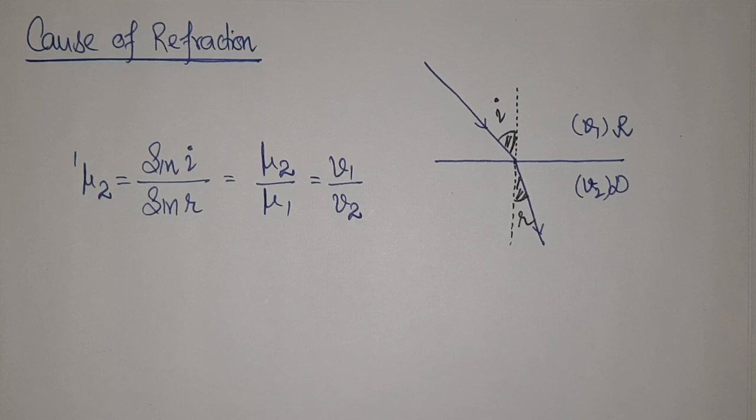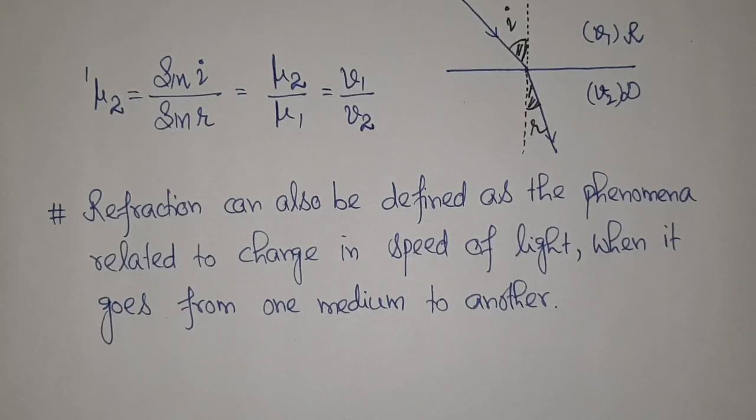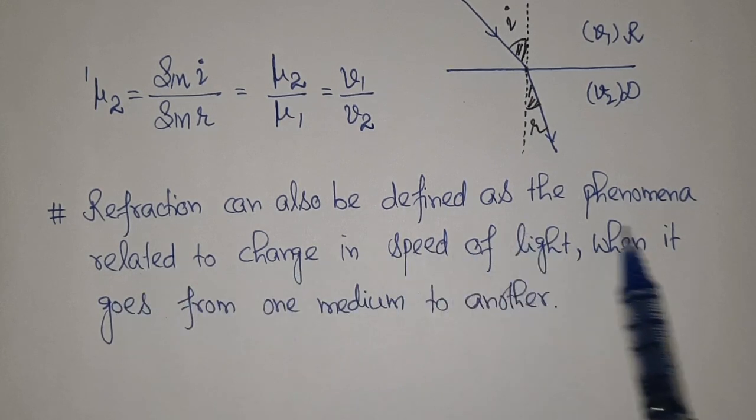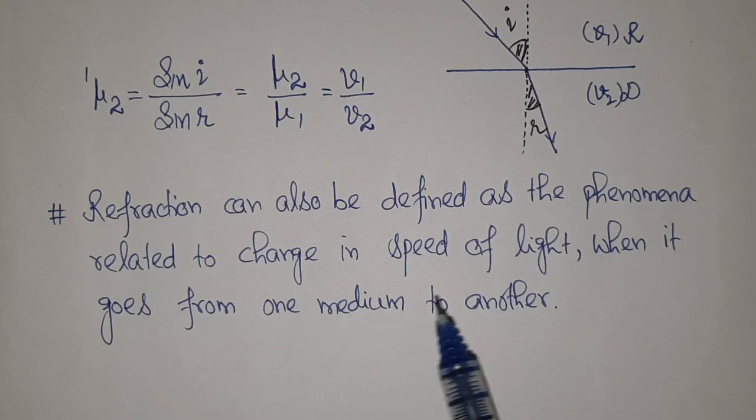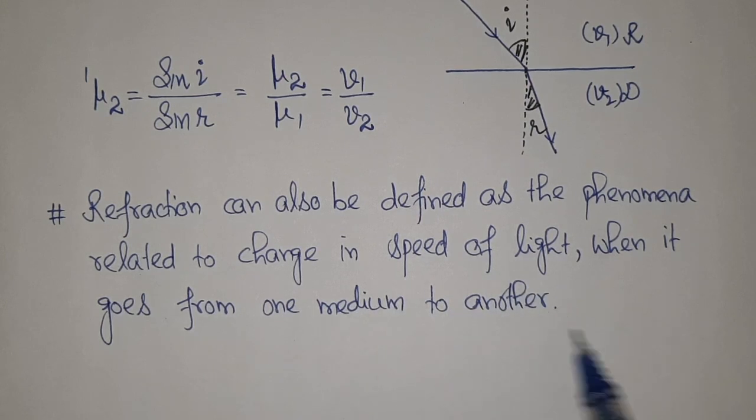This definition is basically the real definition of refraction, that refraction is defined as phenomena related to change in speed of light when it goes from one medium to another medium.